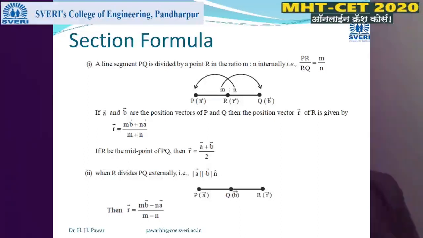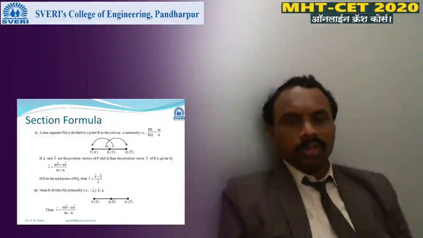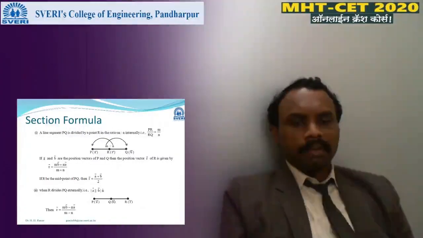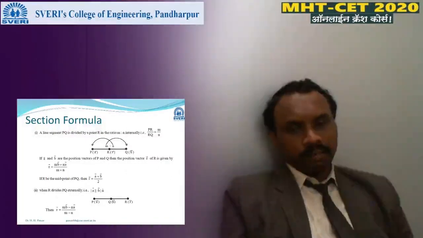Then, if a bar and b bar are the position vectors of P and Q, the position vector of R bar is given by R bar is equal to m b bar plus n a bar divided by m plus n. If R is the midpoint of PQ, then R bar is equal to a bar plus b bar divided by 2, as for a midpoint m/n is equal to 1/1.